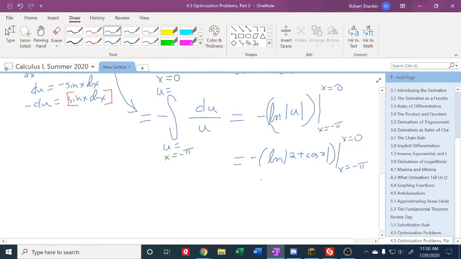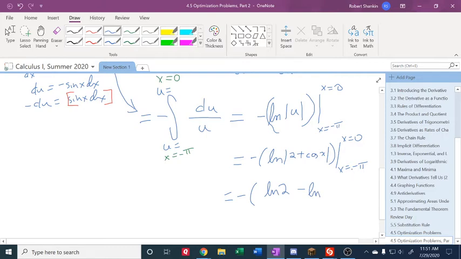Now, cosine x is trapped between negative 1 and 1. When you add 2 to it, you can never get a negative number. So you don't need these absolute values. When that's the case, we just drop the absolute value off. And then I'm going to have negative, and when I substitute 0, I'm going to get ln 2 minus ln.